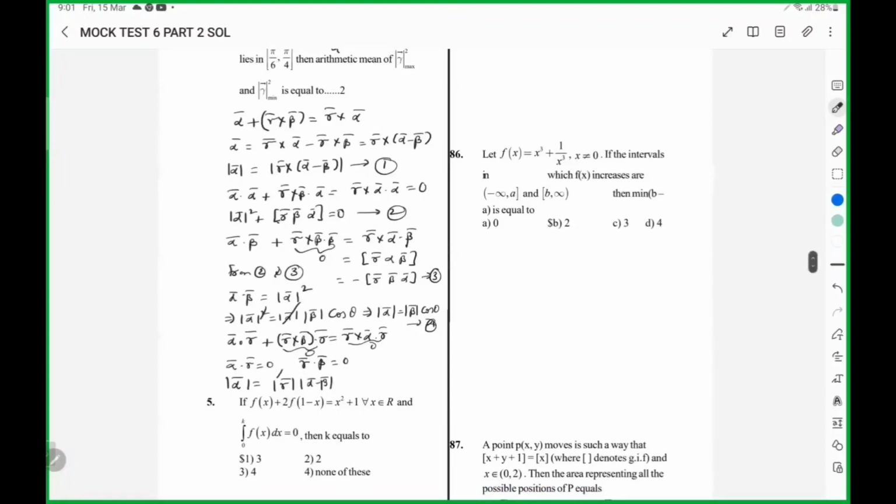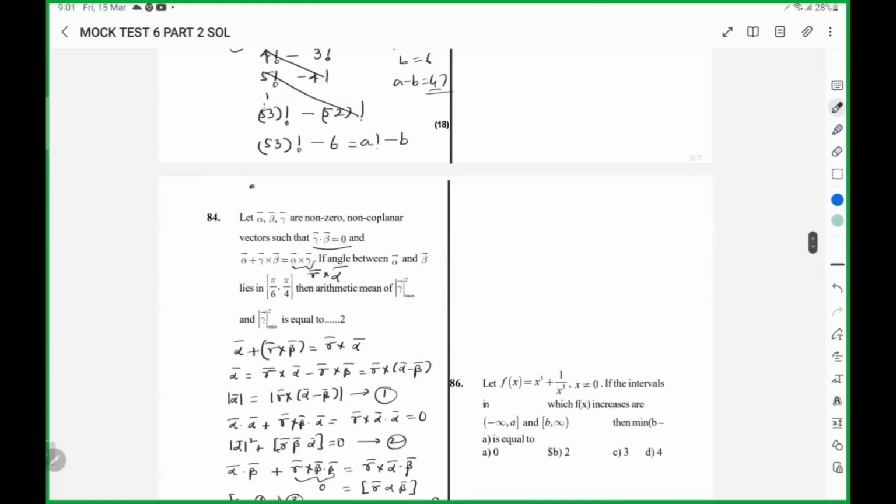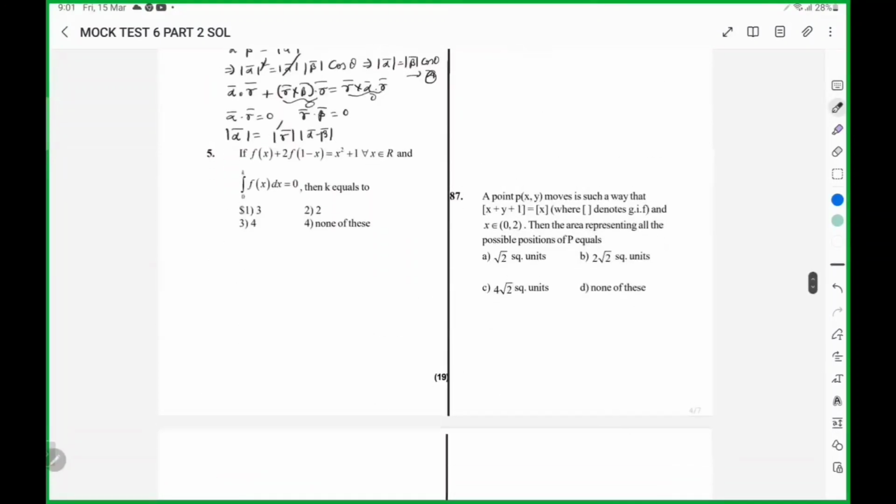I can write like this. Let us use some space here.